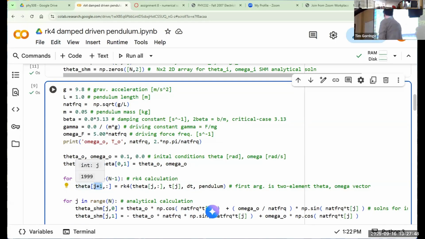So we're going to pass both theta and omega with this slicing, and we're going to set both omega and theta for the later time with this slicing. So that's the reason for that kind of funny structure in those arguments.